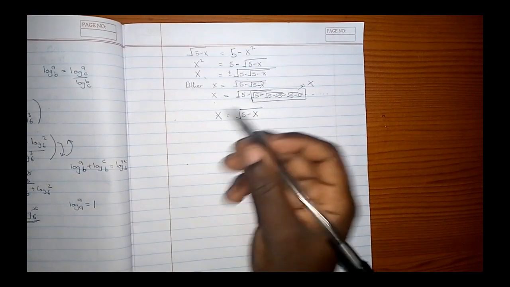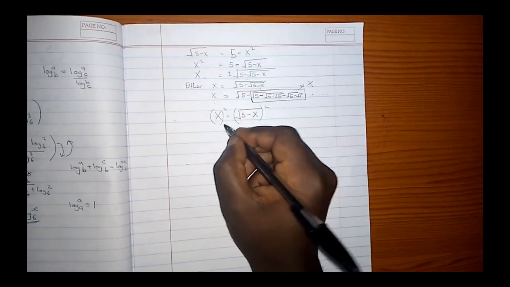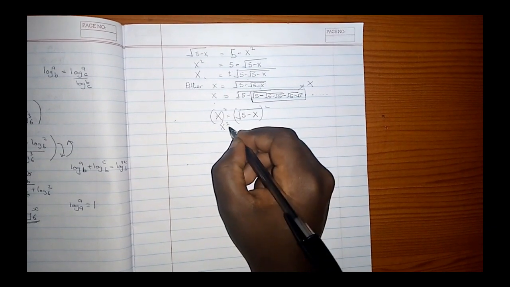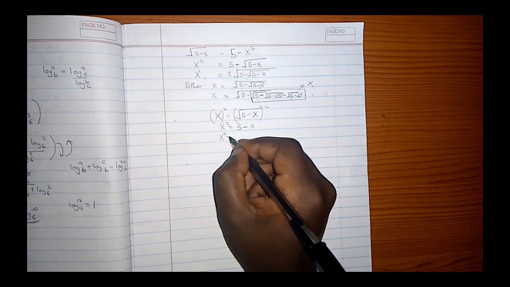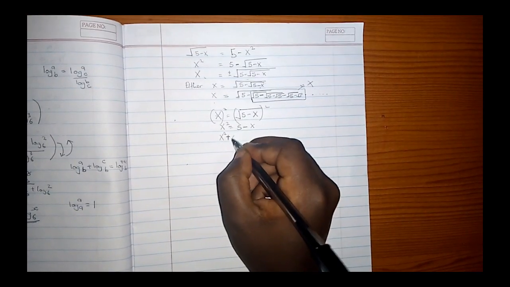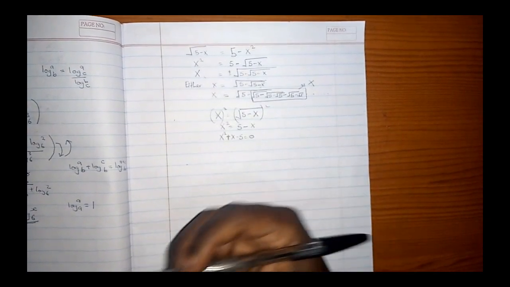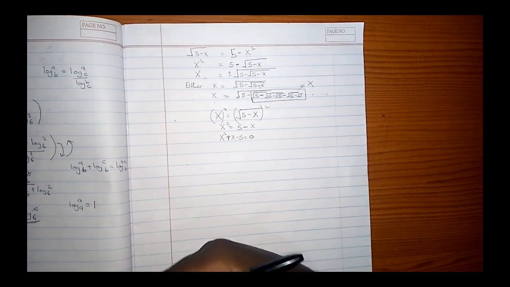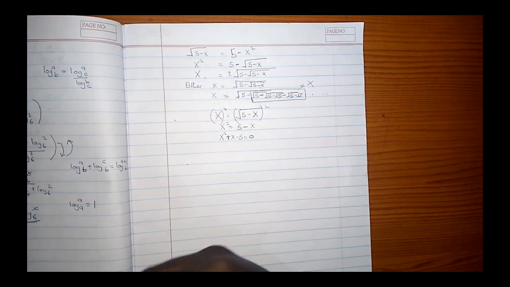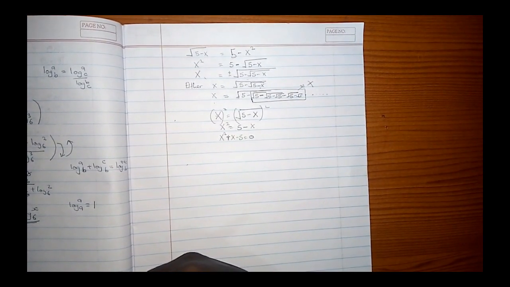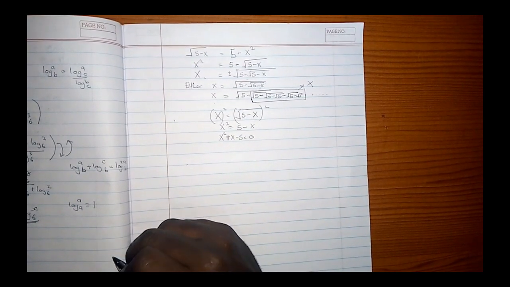Then afterwards we are going to just square both sides, which becomes x squared equals 5 minus x, so x squared plus x minus 5 equals 0. Here you can use the bulldozer method. If you don't know it, you can check my YouTube videos, or the link down in the description on how to do this using the bulldozer method.